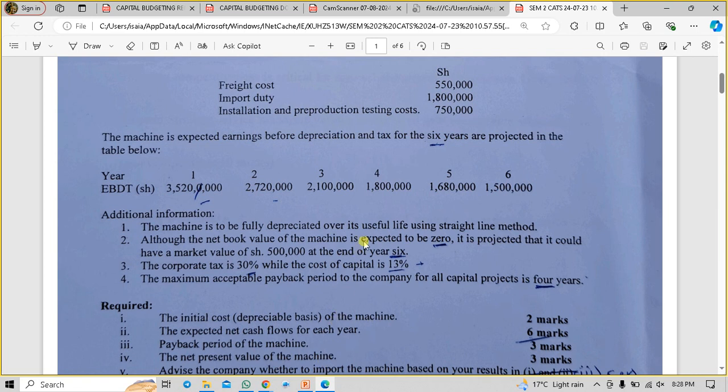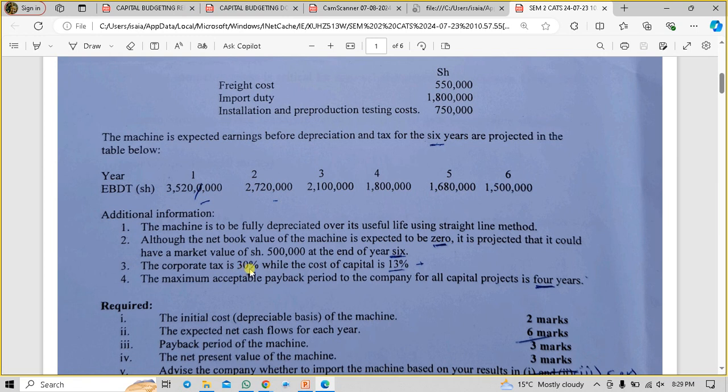So depreciation you will not be given. You have to calculate it. So tax is 30%. Or you're saying tax was not given, Ama? Yeah, so you will not be given depreciation, but tax will be given.